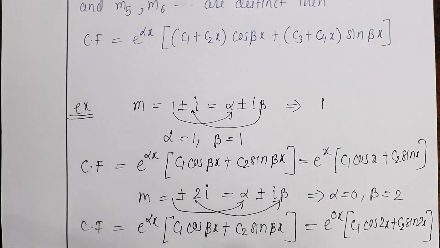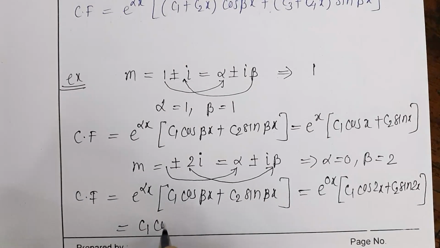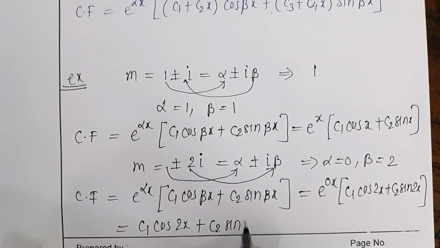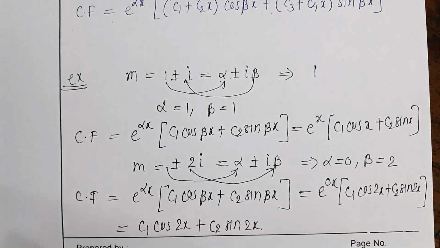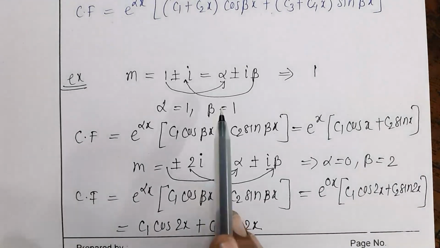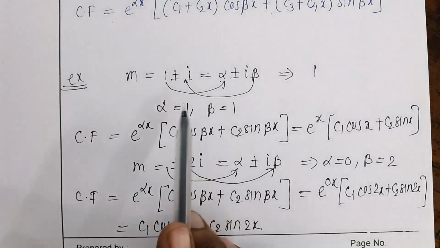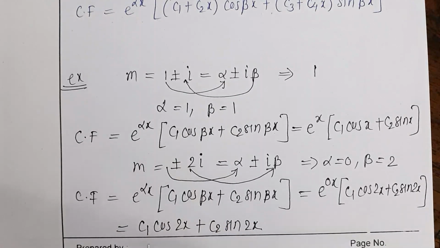So this is c1 cos 2x plus c2 sin 2x. So in this way we can write CF if the roots are imaginary and distinct.